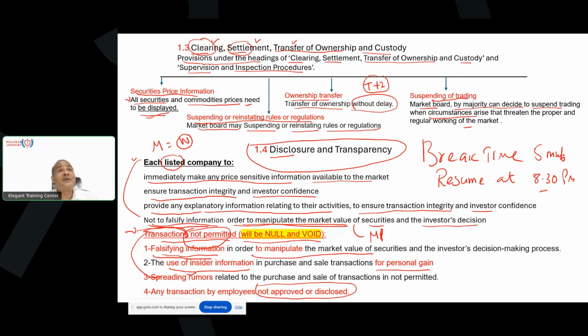Let's say you are an employee of FAB, and you want to buy some stock of FAB. You need approval from your board. So an employee of a listed company needs board approval to buy shares. If you buy stock without approval of your board, those transactions will be null and void.